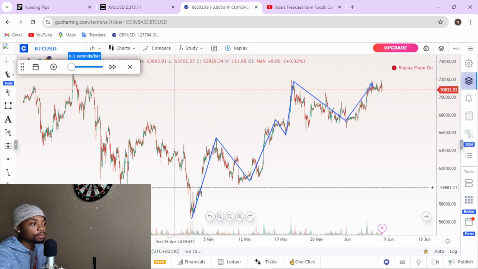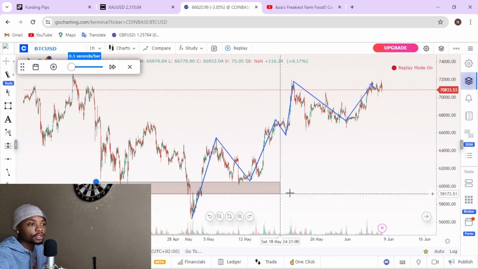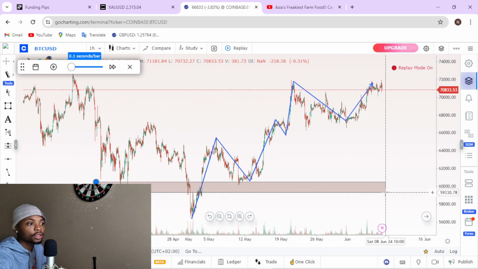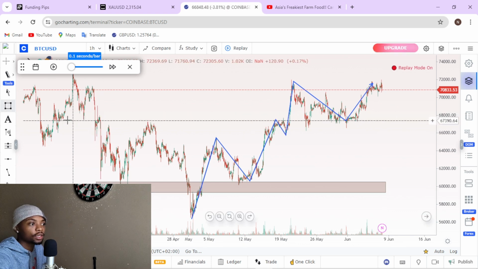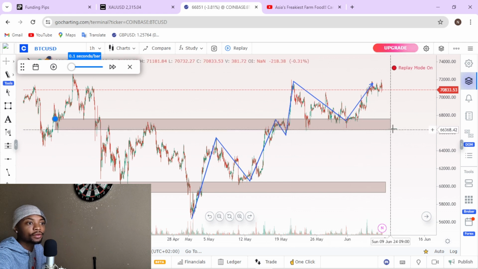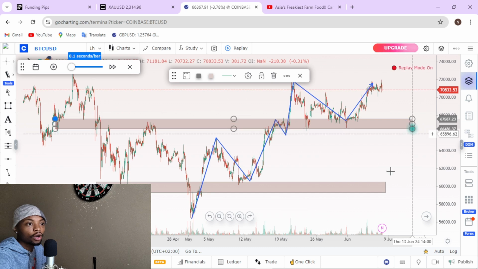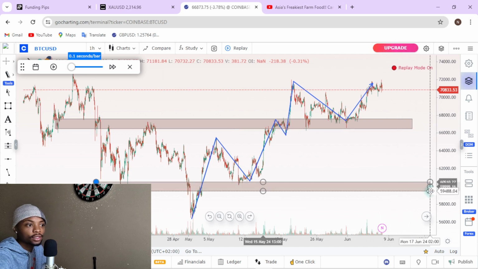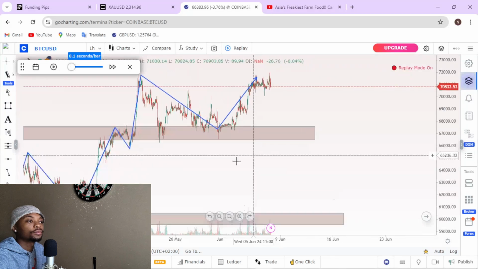The second thing that we're supposed to do is identify our areas of support and resistance, right? That just helps us have a clear view on the chart and the objective of price, right? There we go.